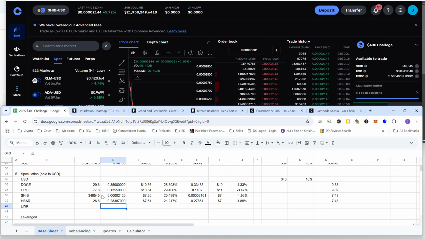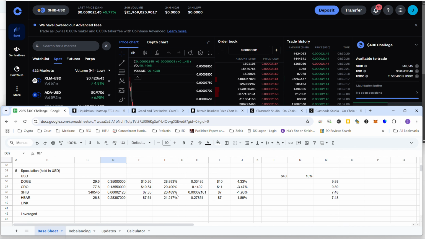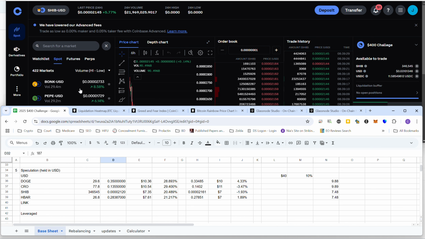We don't have ADA. That's the last one of our base portfolio. 0.9699. There we go. And we did Doge. We just need Sheeb and Crow. There's Sheeb, 2.45.